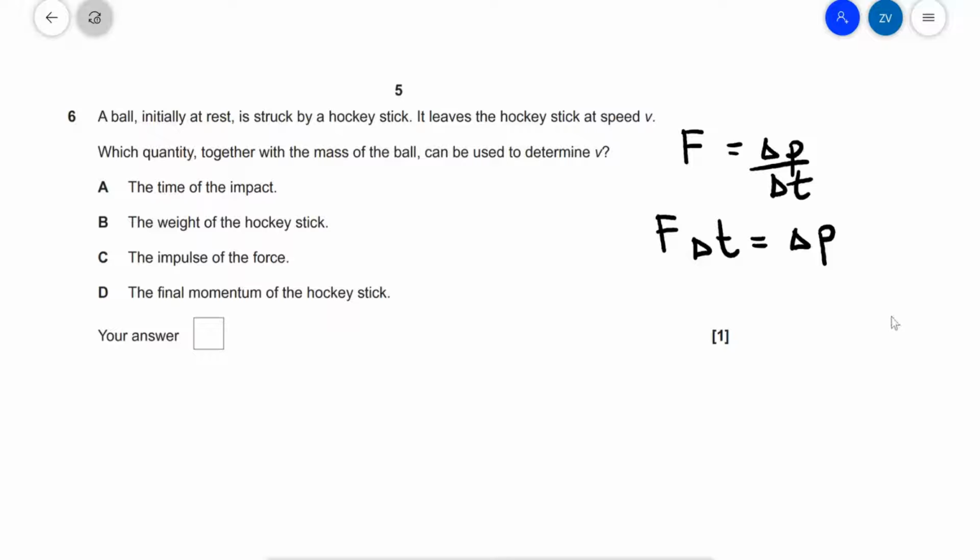Now this quantity on the left is your impulse, so we can write that impulse is equal to the change in mass and velocity. So if we have the mass and if we have the velocity, we can work out the impulse, or in this case, if we have the impulse of the force and if we have the mass, we can work out the velocity v. So the correct answer is C.